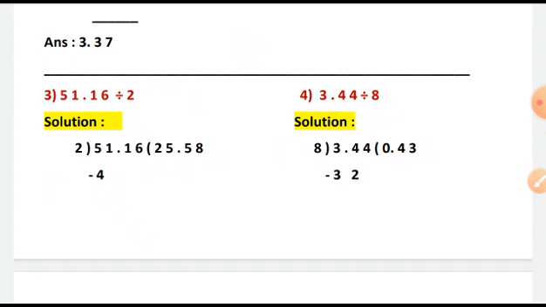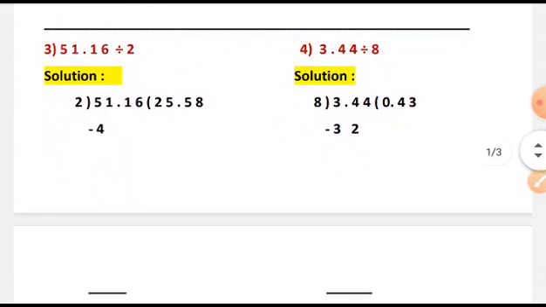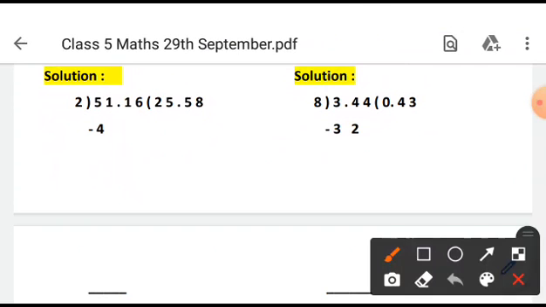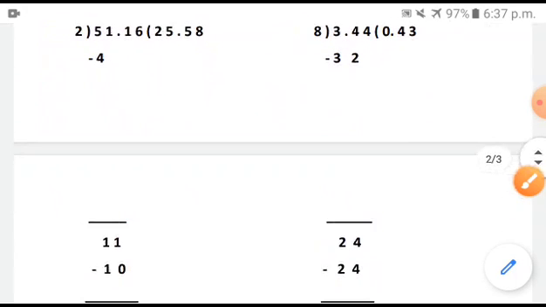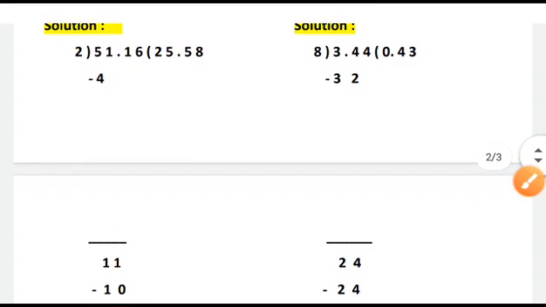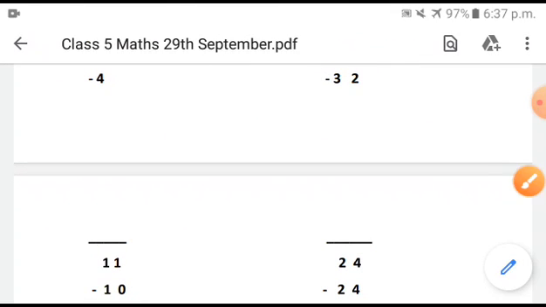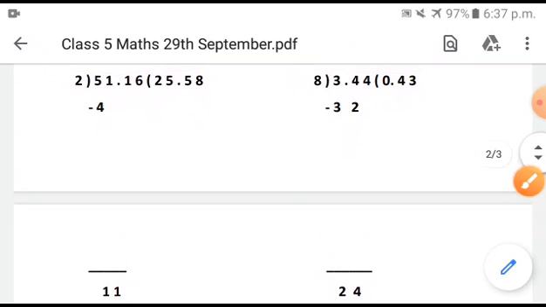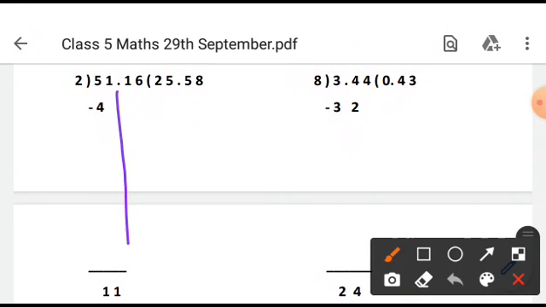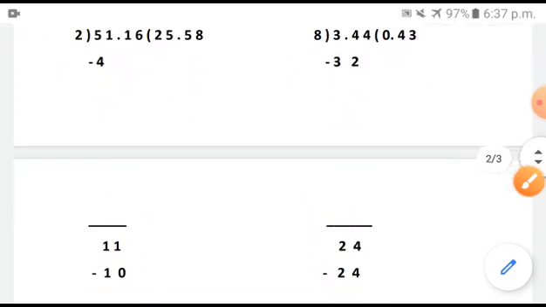51.16 divided by 2. Now children, here again you are first choosing this 5. So 2 2s are 4, remainder is 1. Now again you bring down this 1 and you have 11. Then you are going to write 2 5s are 10.